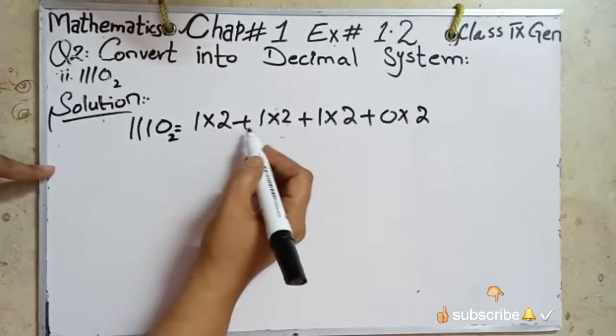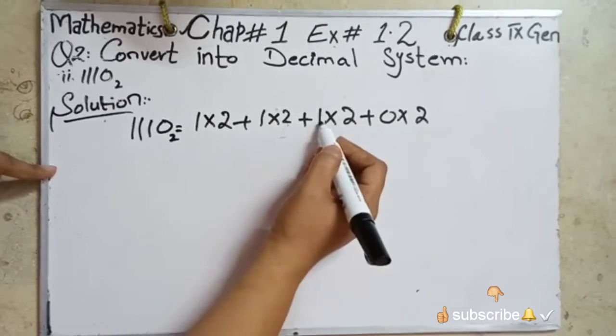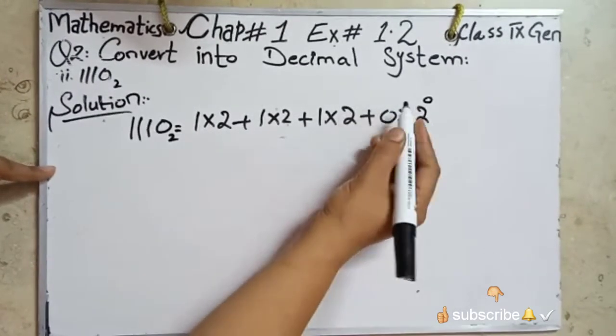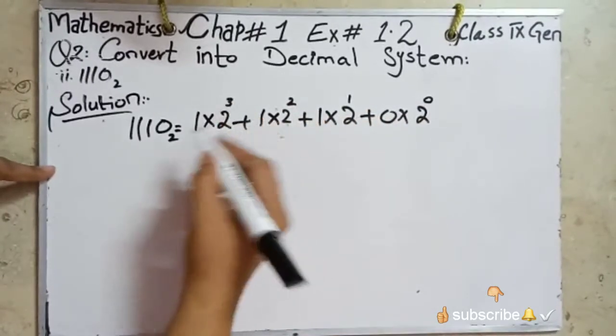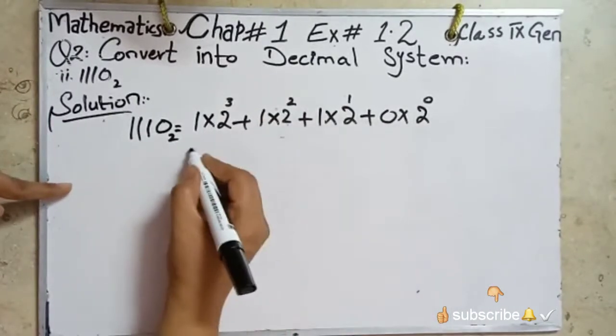Okay, 1 1 1 0. Unit, 10, 100, 1000. Put power 0, 1, 2, 3 right to left side.